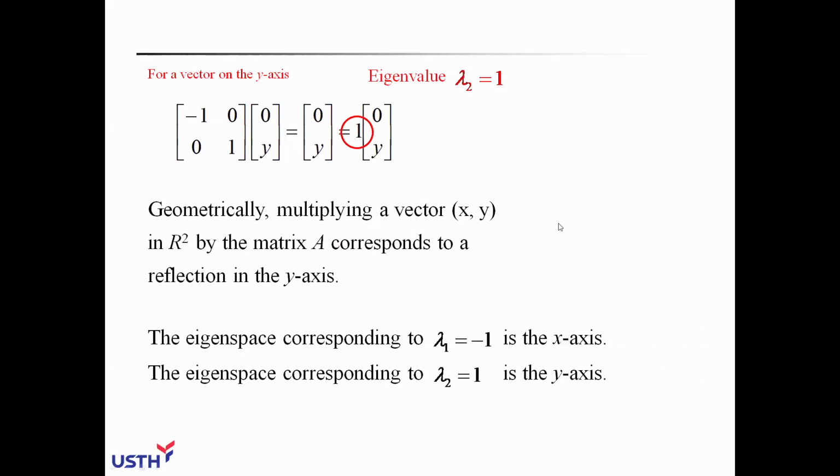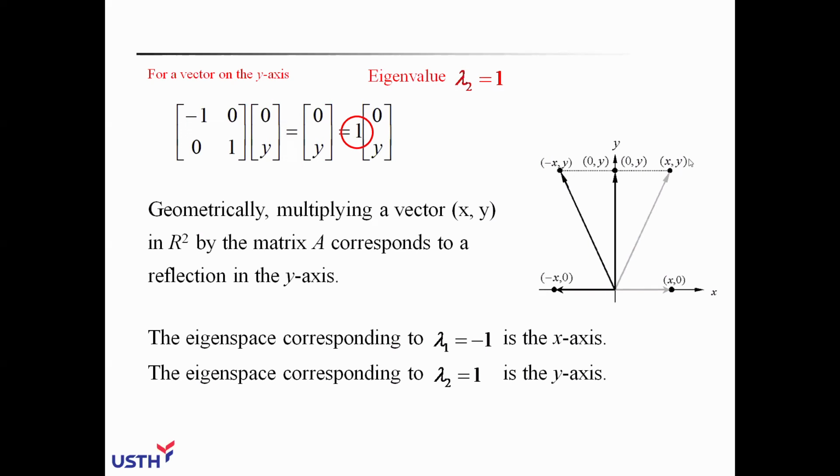You will get a reflection across the y-axis. So (x, y) now will be (minus x, y).